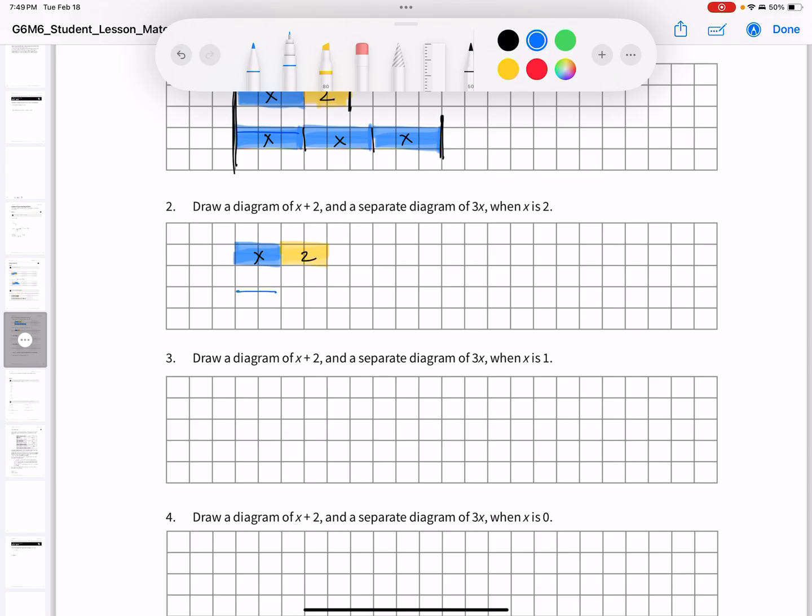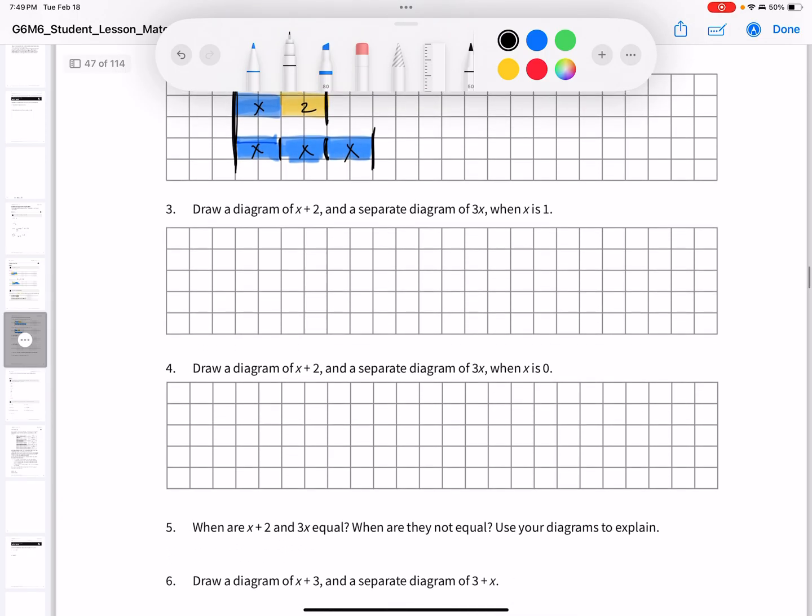So we have 1 group of 2, 2 groups of 2, 3 groups of 2. So again, we have x, x, and x. So they are lined up on one side, but they again are not equal or equivalent.